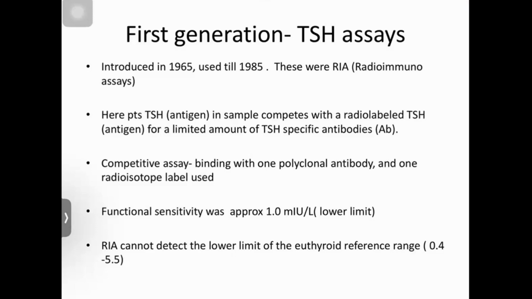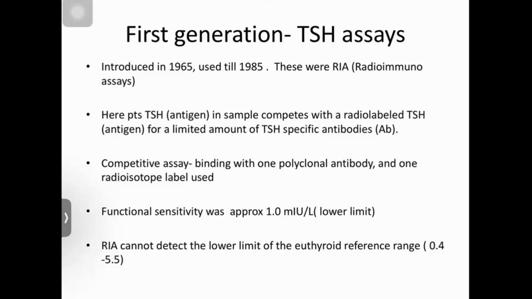So there's a competition between the patient's TSH and the TSH labeled with the radioisotope for the antigen binding site on the base of the tube, which is the antibody placed there. In competitive binding, if there is more TSH from the patient's side, it will displace and bind to more of the TSH-specific antibodies, leaving less of the radioisotope-bound TSH, which will get washed away.